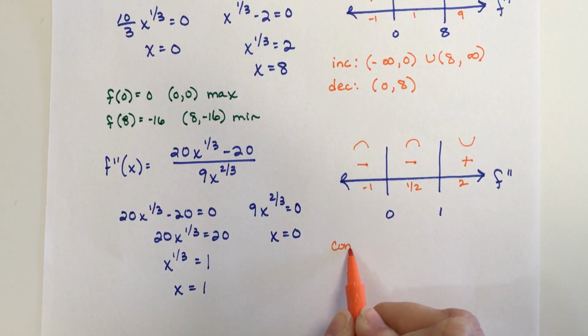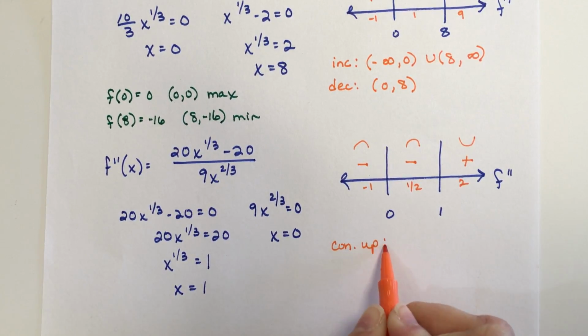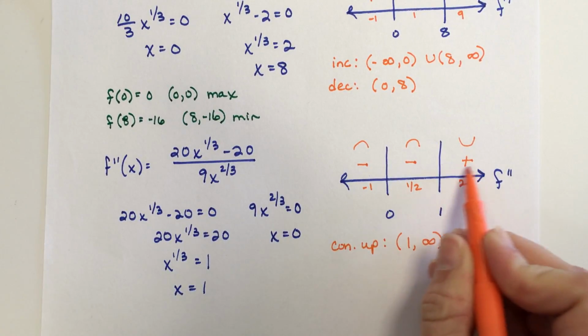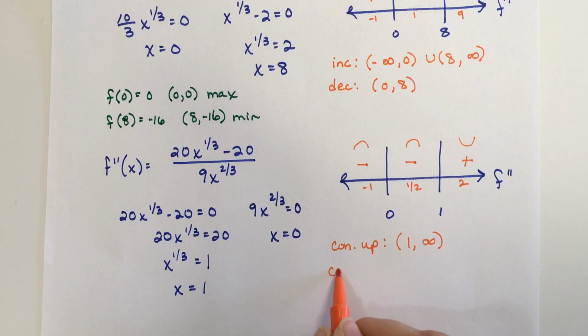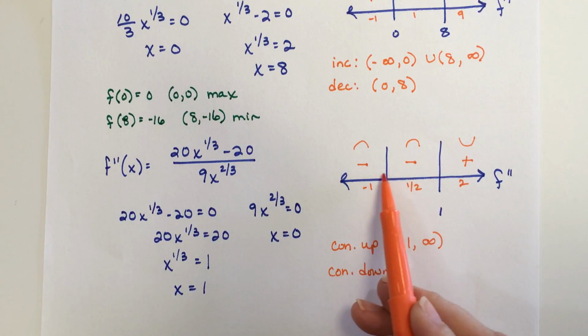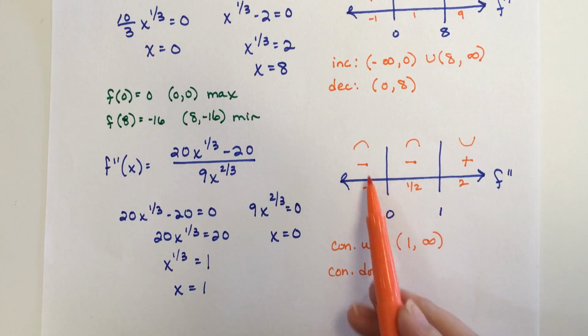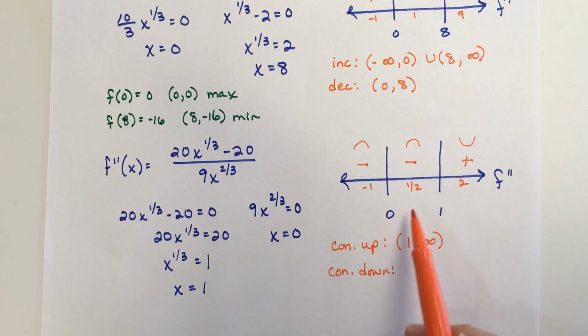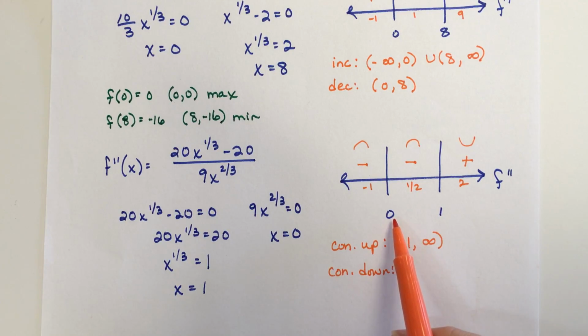All right, so let's identify those intervals. So concave up would be from 1 to positive infinity, and then concave down. Now, since these two sections or intervals are right next to each other, sometimes you can lump them into one and sometimes you can't. That's going to vary from problem to problem, and that is based on your domain.